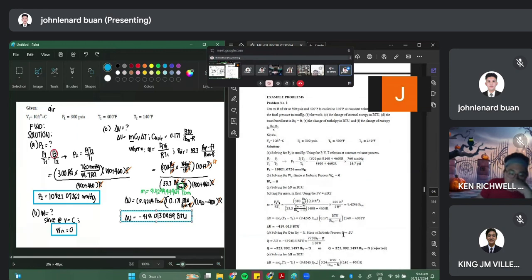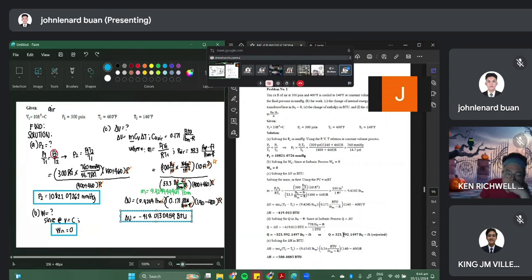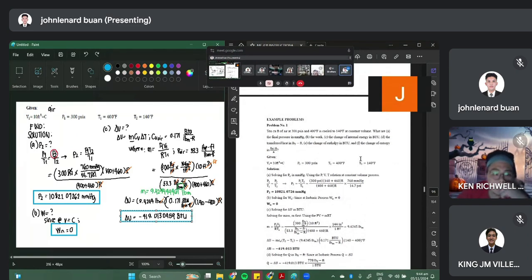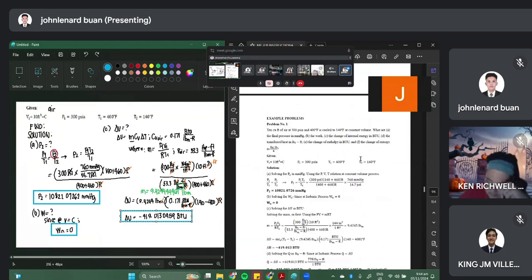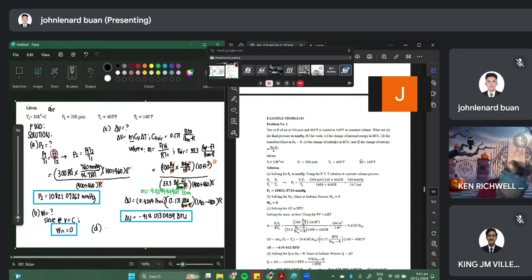And then for letter B, we have here solving for the transferred heat, or heat transferred, in pound force feet. So again, under an isometric process, the heat is simply equal to the internal energy.